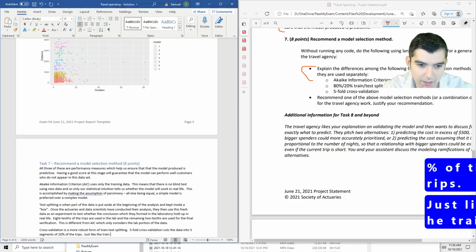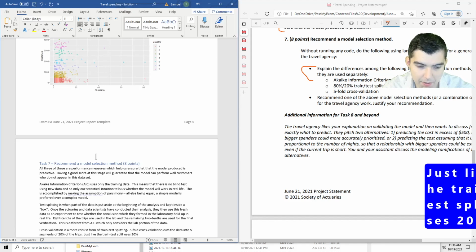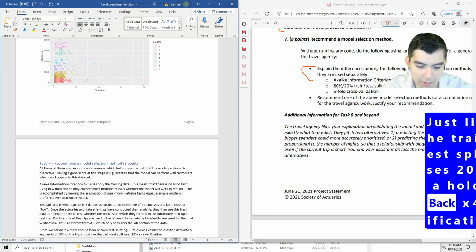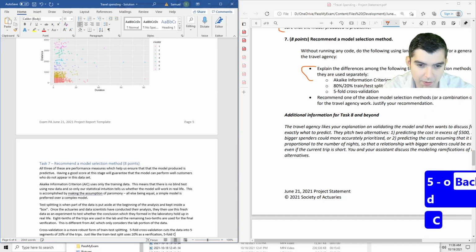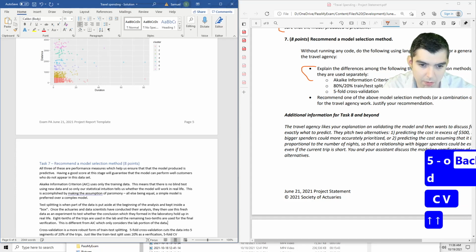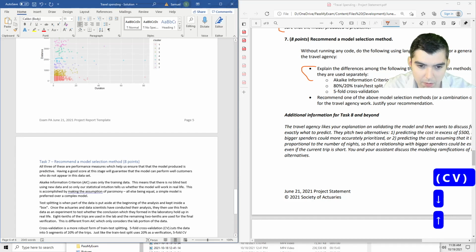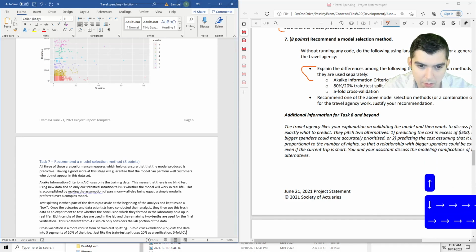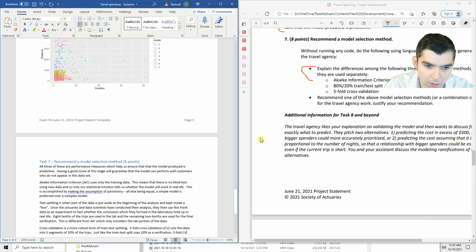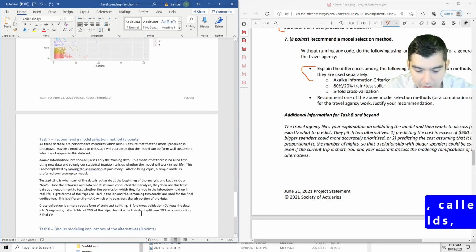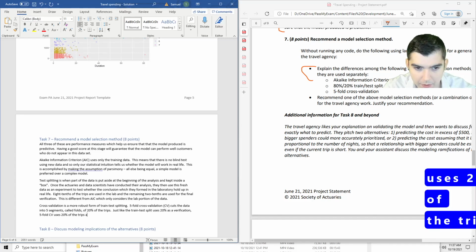Just like the train test split uses 20% as a holdout, as a verification, fivefold CV uses 20% of the trips as verification. Make sure that we abbreviate these things.